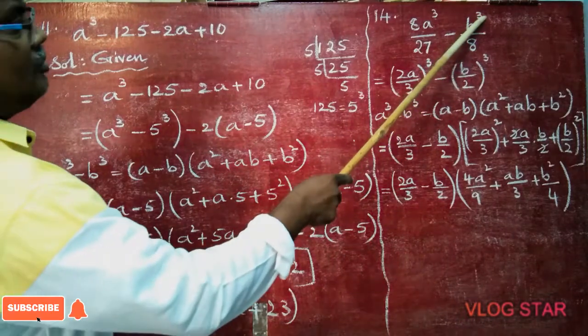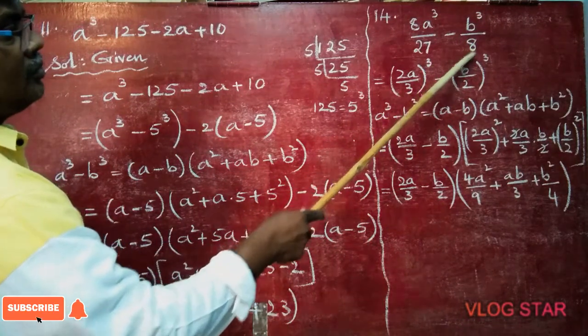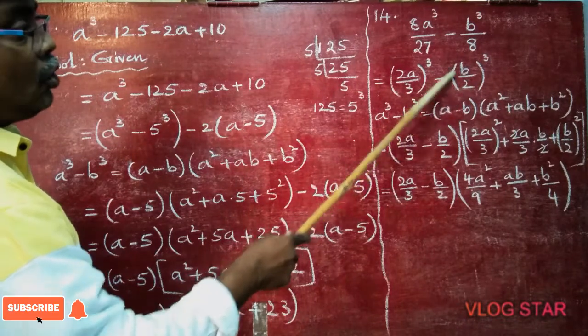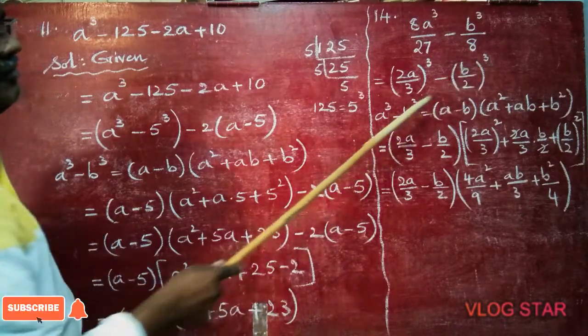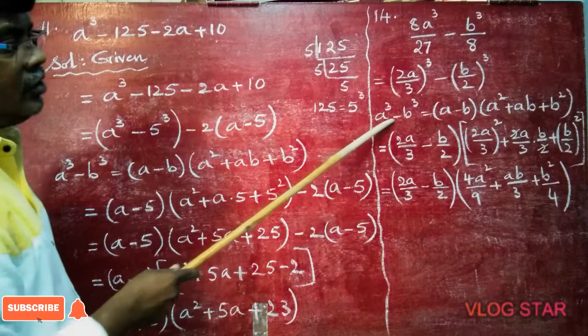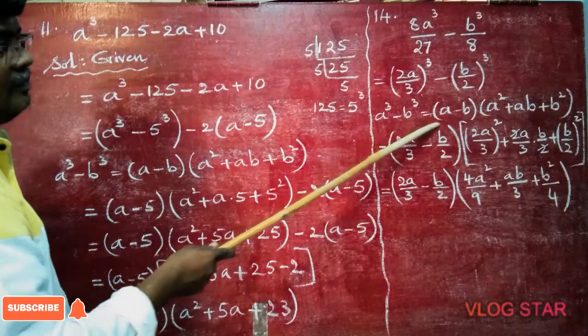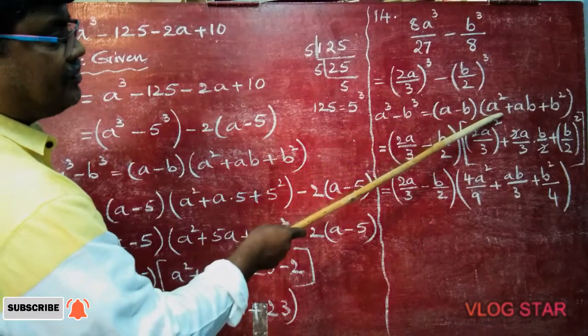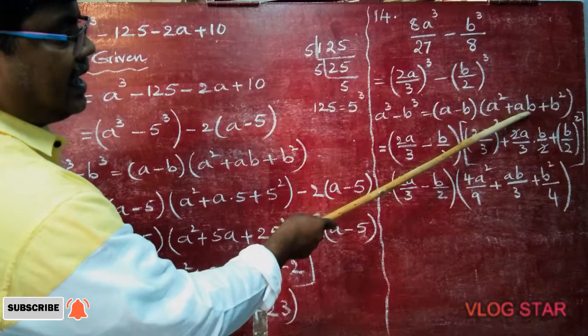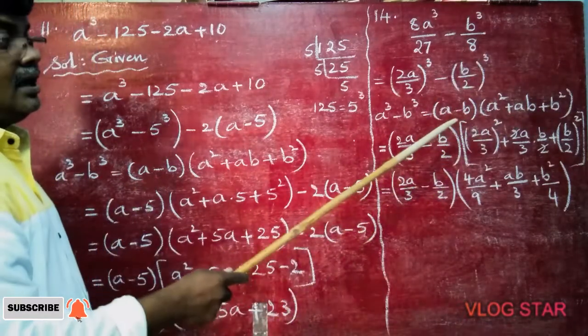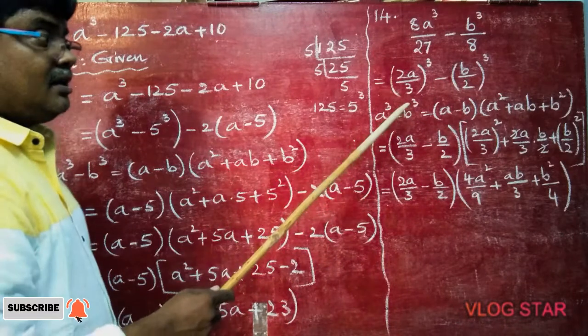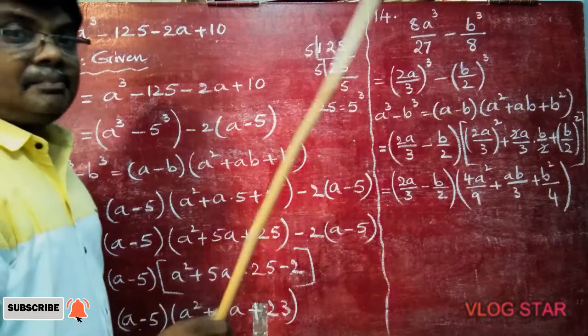Minus, here b cube as it is and 8 I am writing as 2 cube. So b by 2 whole cube. Now again which formula? a cube minus b cube is equal to a minus b into a square plus ab plus b square. Write the formula. Which formula we are using, that formula you have to mention compulsory.